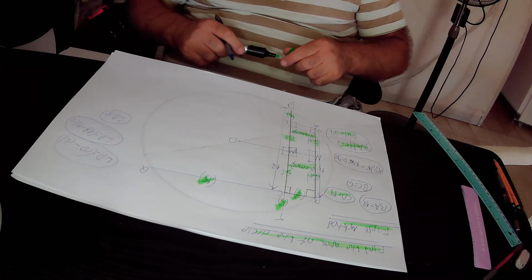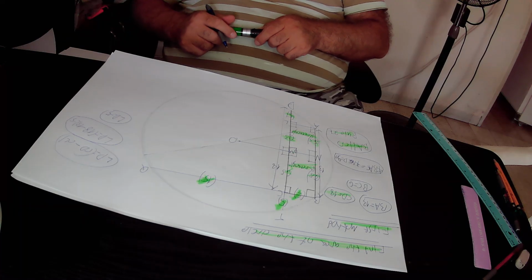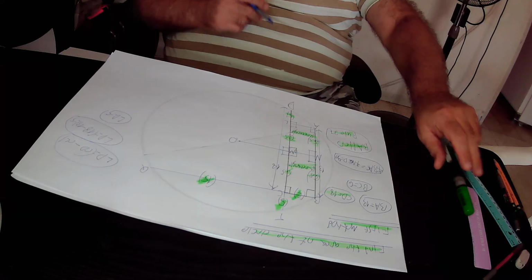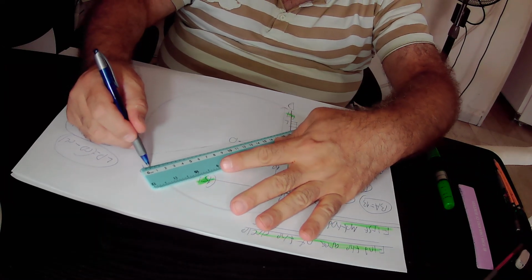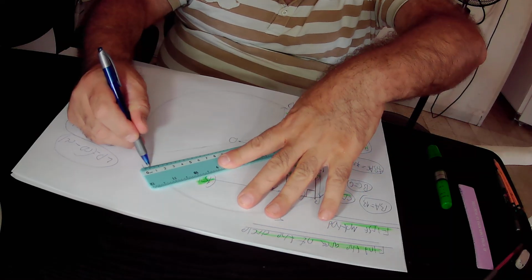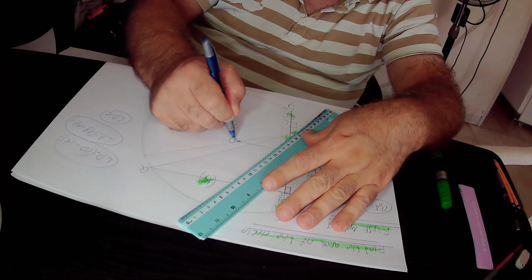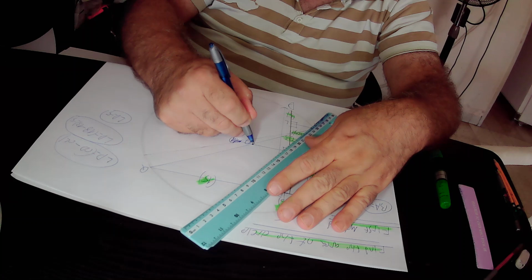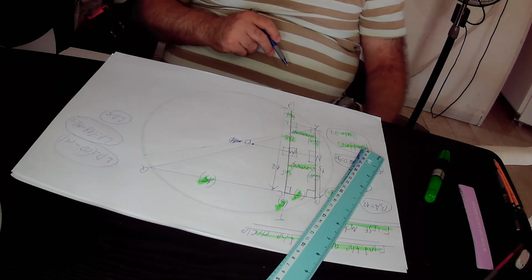In the next step, we'll join points Q and A together by a straight line.